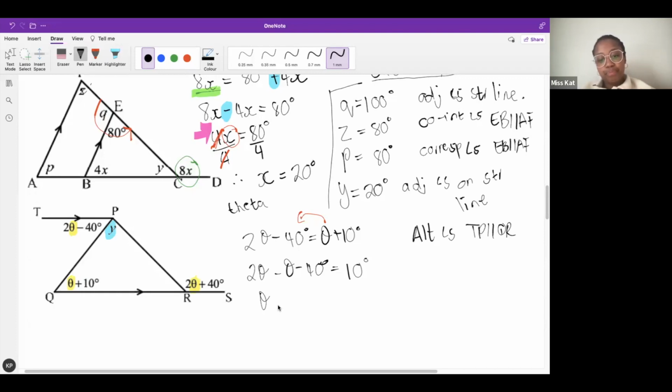We bring down negative 40 degrees, and then it becomes what? A positive. There we go. So it becomes 10 degrees plus 40 degrees. Therefore, theta is how much? 50 degrees. Beautiful.